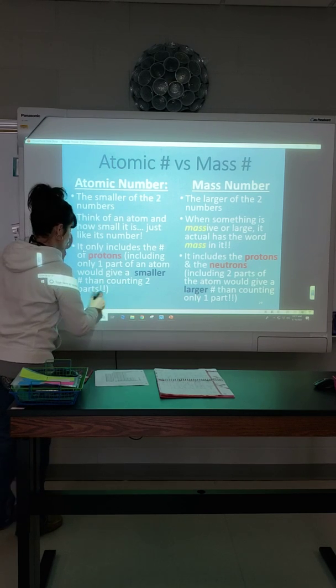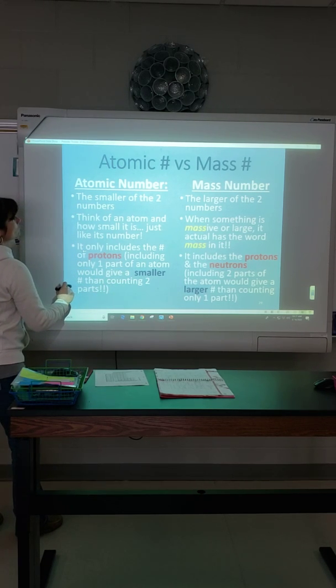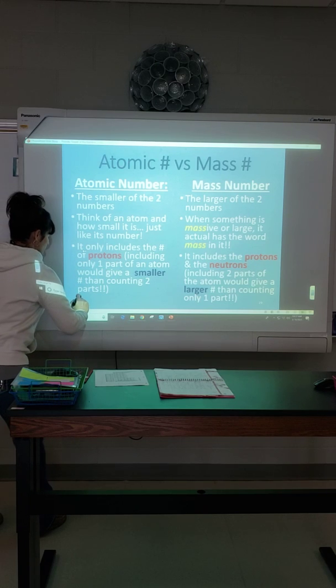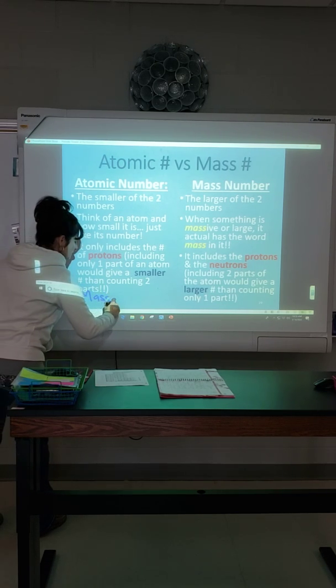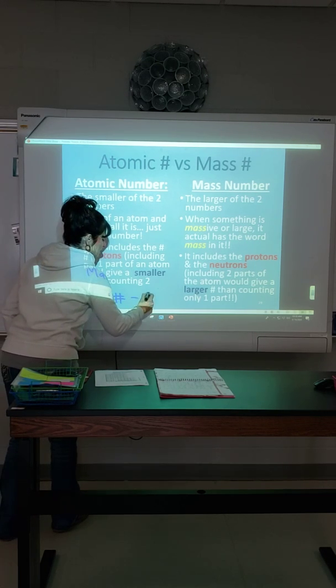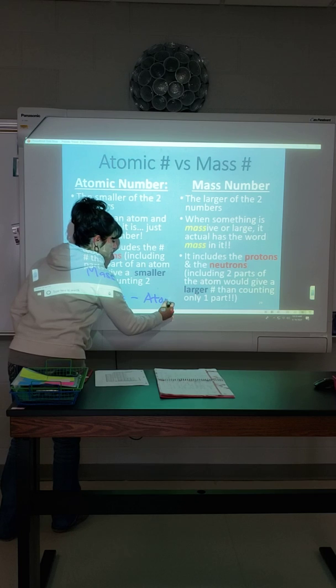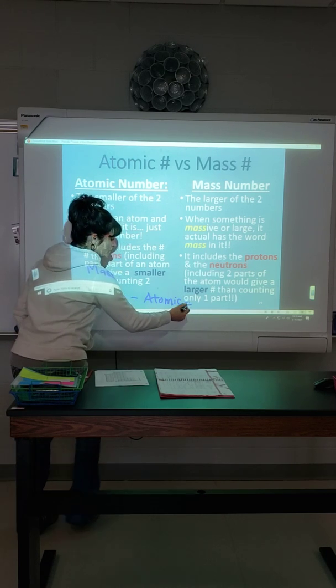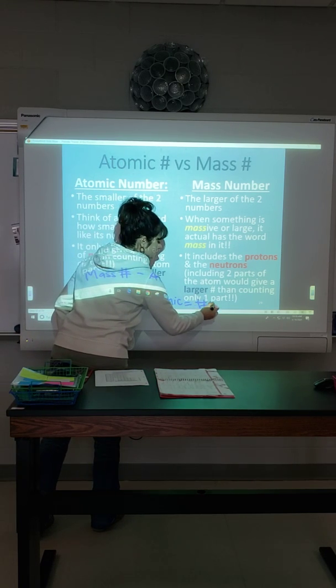The mass number minus the atomic number is going to give us our number of neutrons.